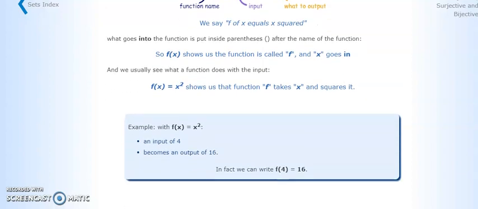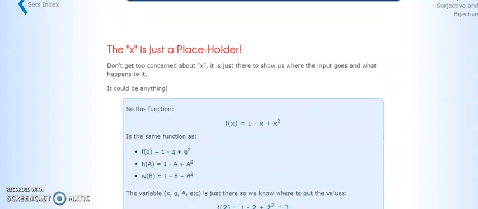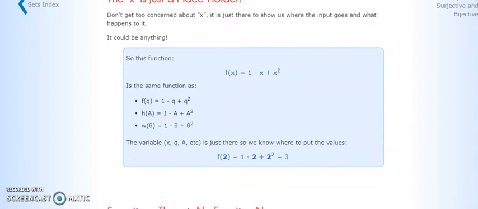Why am I doing this? Because we are going to use functions explicitly, so I'm just giving you a revision of what you already know. Here in a function, this x is only a placeholder. Whatever comes in x, it translates to the formula.